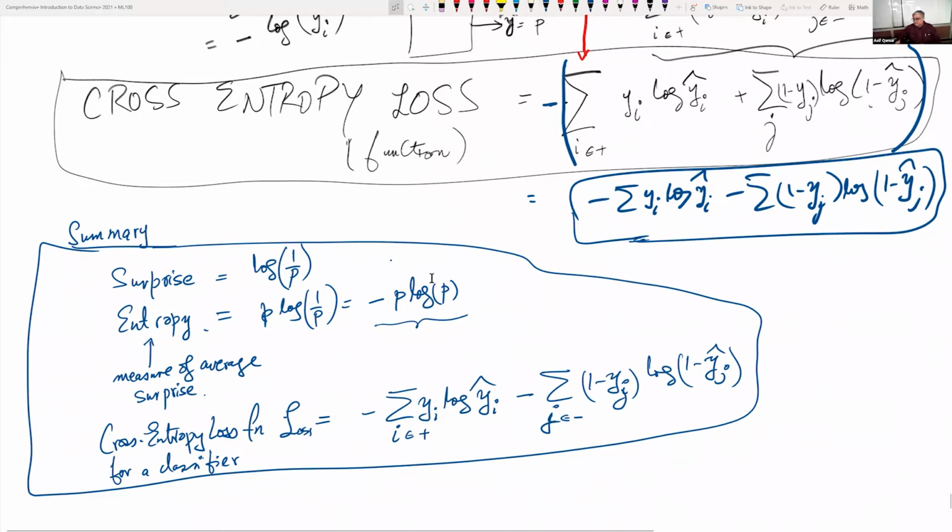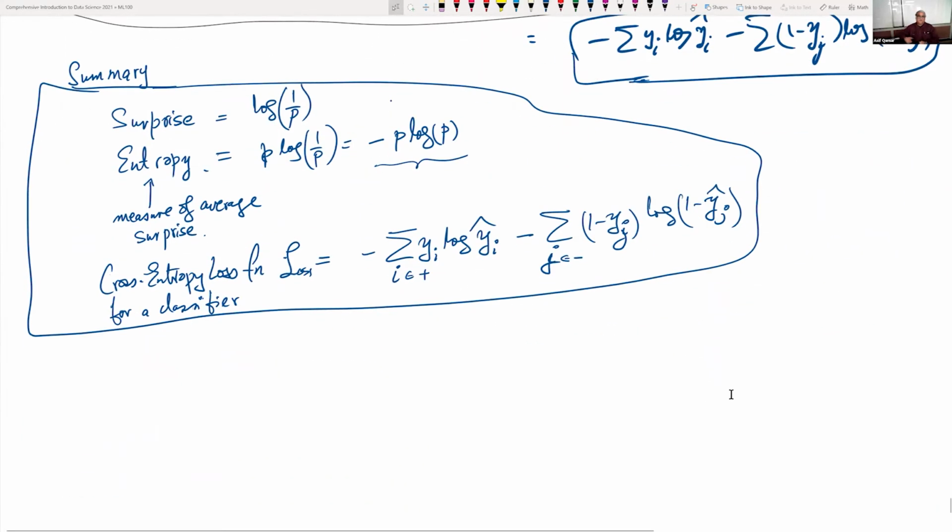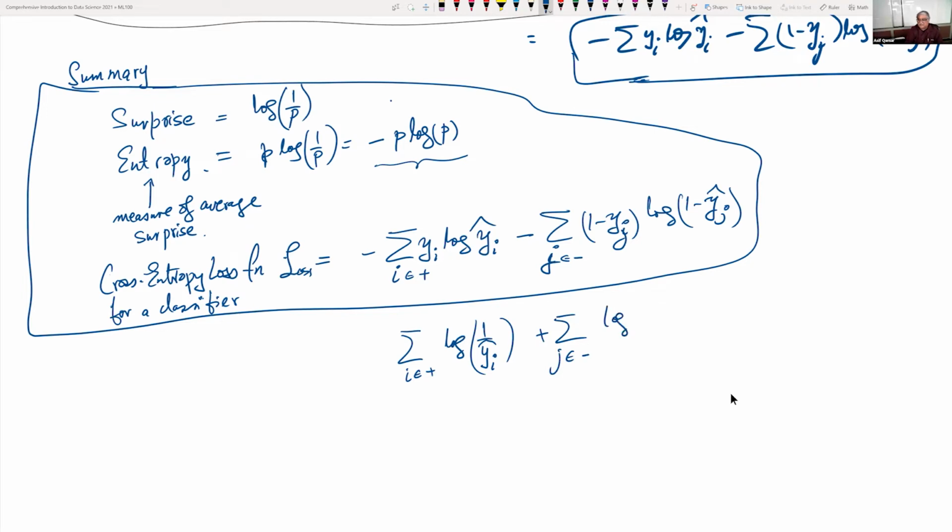And I also said that while this expression, to me at least, looks a little bit intimidating, I like to think of it more simply like this: i belonging to the positive case, log 1 over y hat, plus the summation, no, plus j belonging to negative case, log 1 over 1 minus yj hat.